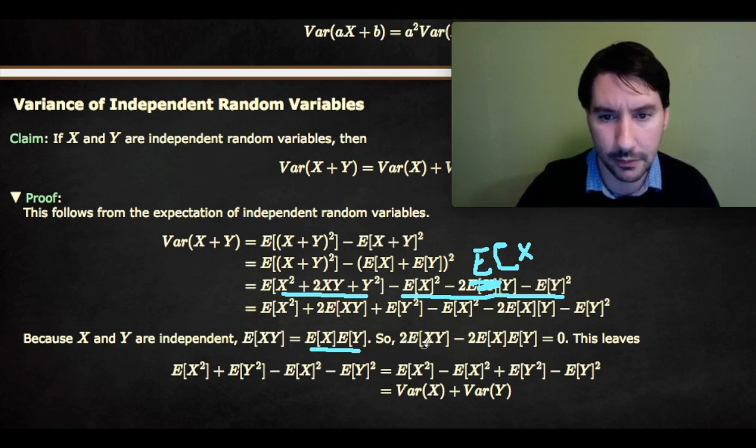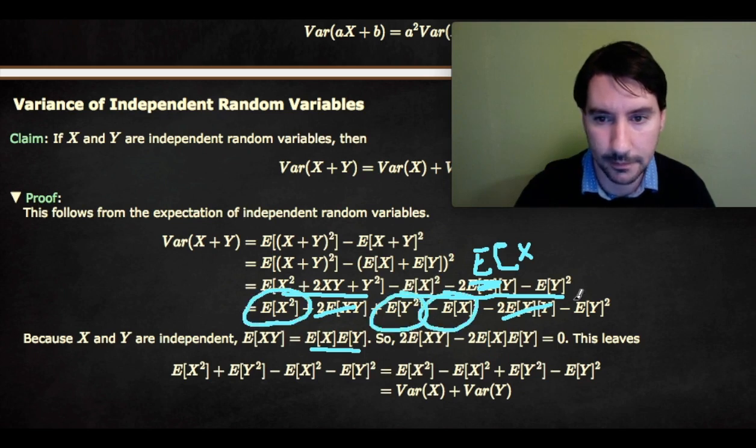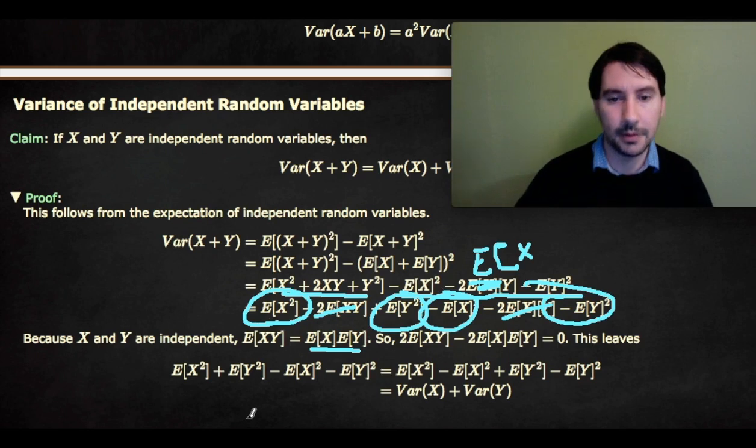So this 2 E of xy and this minus 2 E of x E of y cancel. That is, this term and this term can cancel because of independence. And if we cancel those two terms, we're left with an E of x squared plus an E of y squared minus an E of x quantity squared minus an E of y quantity squared. So that's just pulling the terms that didn't cancel from up here.